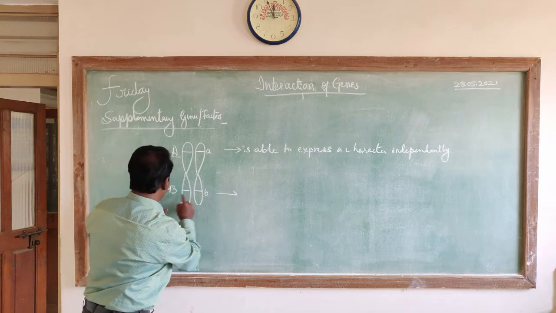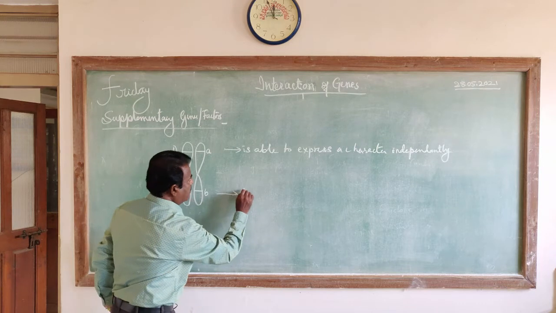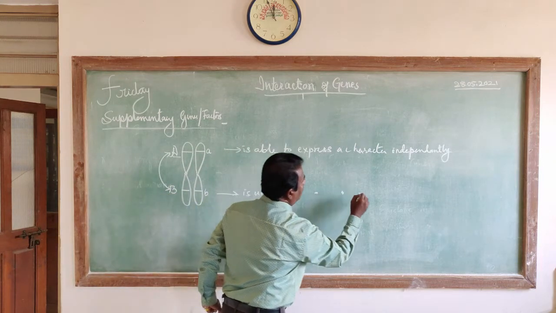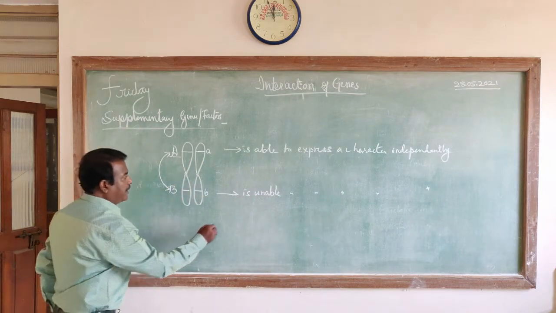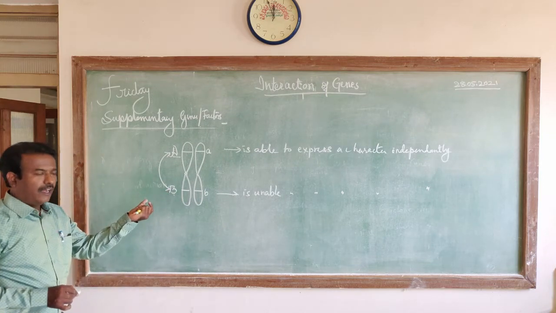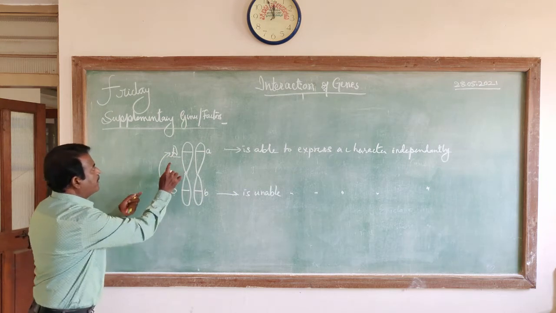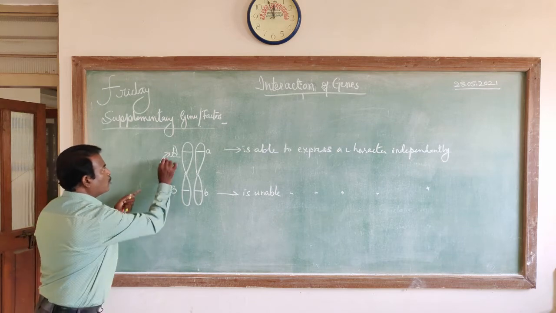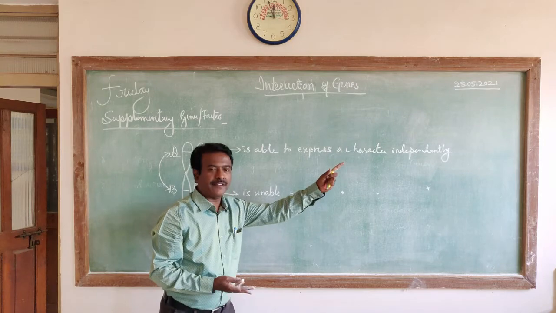Then the nature of capital B, another dominant gene belonging to a different locus, is that it is unable to express a character independently, but it has the ability to modify or modulate the expression of capital A. That means this will give support to capital A to express a different kind of character than the normal character.